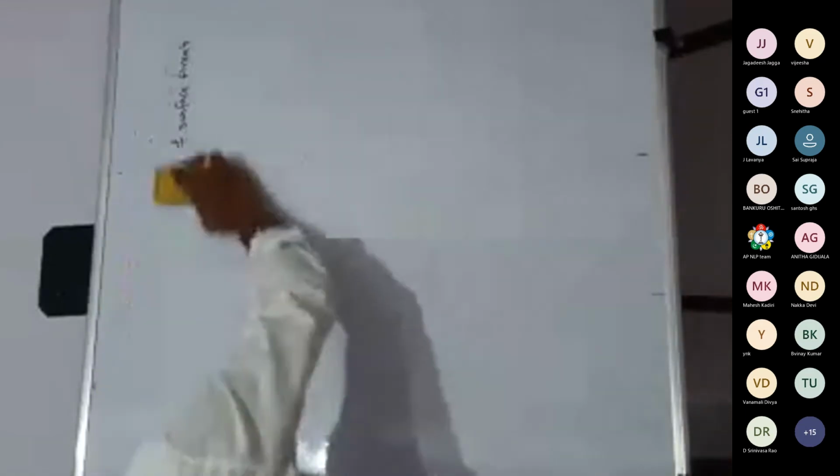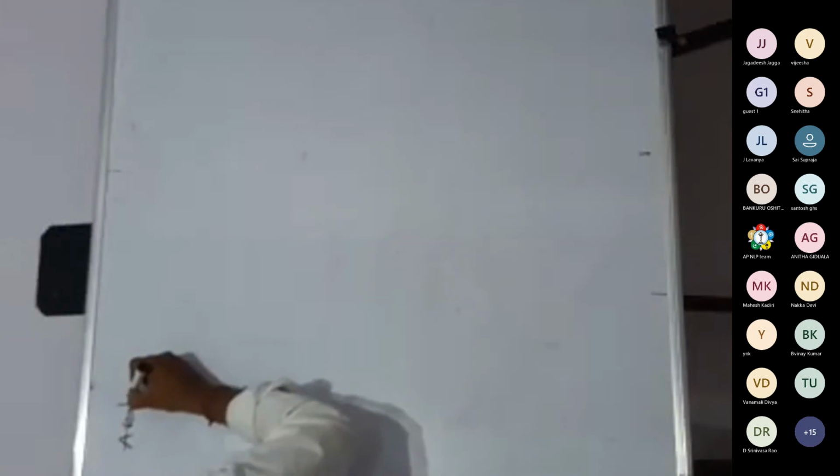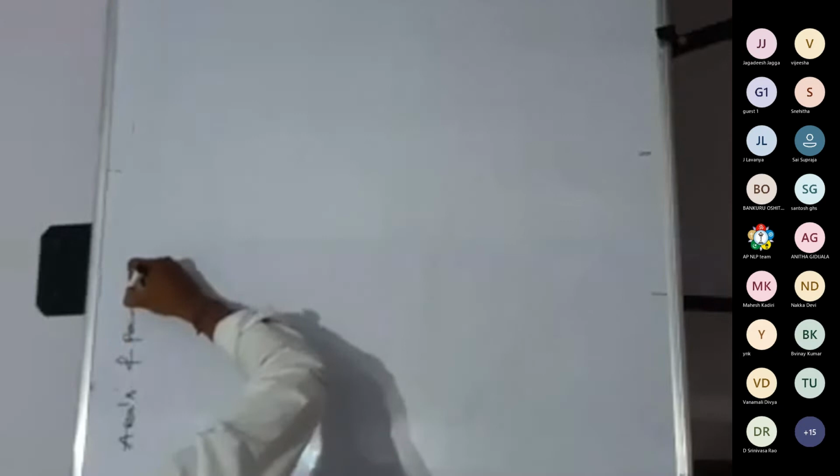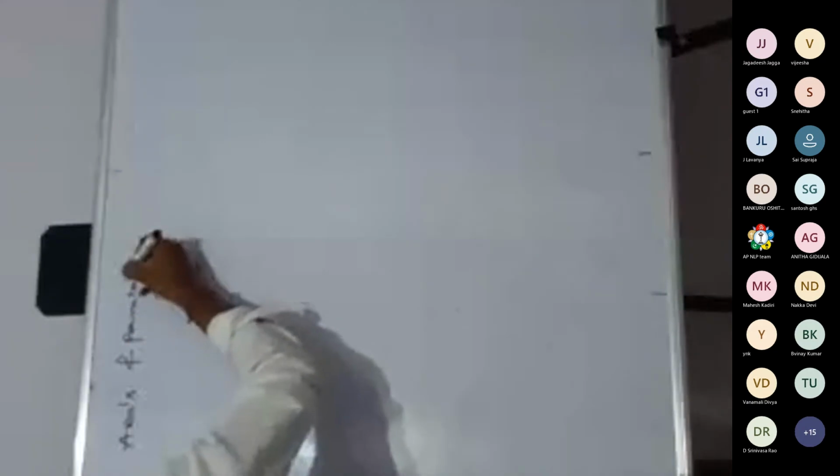So now I'm going to discuss the 2D concept, that is areas and perimeters. See, what is area?